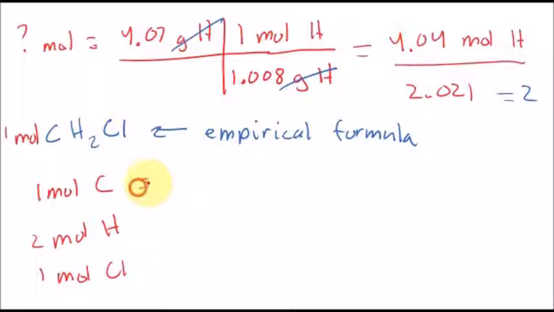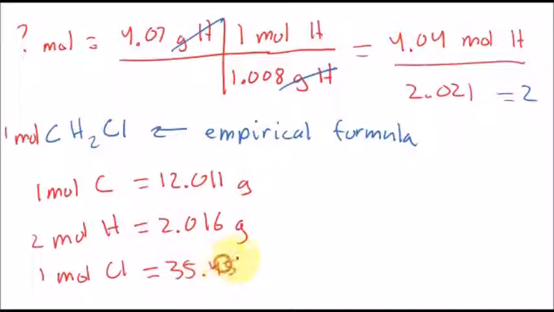If you look at the periodic table, the average atomic mass of carbon is 12.011, so 1 mole of carbon has a mass of 12.011 grams. For hydrogen, the average atomic mass is 1.008, so 1 mole of hydrogen has a mass of 1.008 grams, and 2 moles of hydrogen will have a mass of 2.016 grams. And finally, for chlorine, the average atomic mass is 35.453, so 1 mole of chlorine has a mass of 35.453 grams.